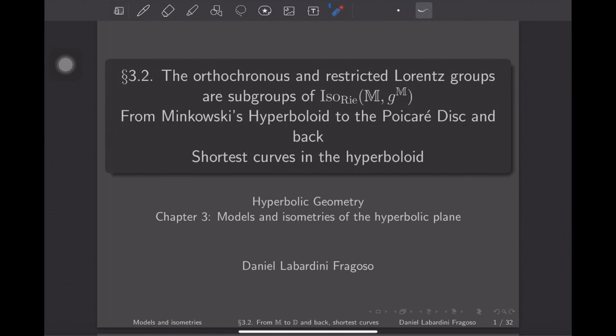But then we saw that, for example, there can be matrices in the Lorentz group that do not preserve the hyperboloid, right? If you simply think of taking a rotation, let me try and draw.